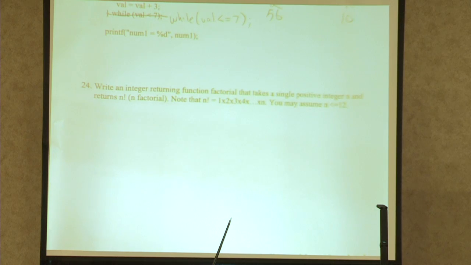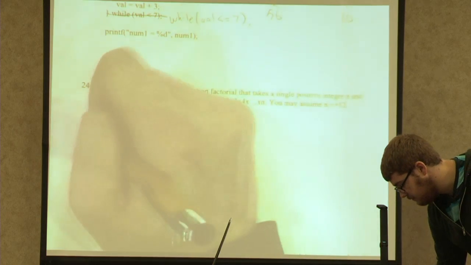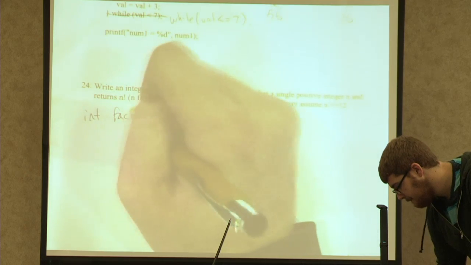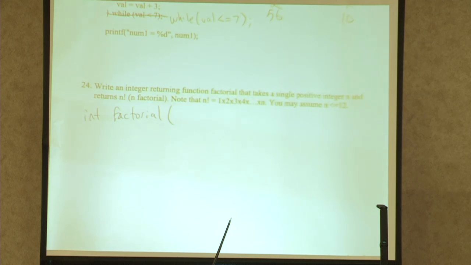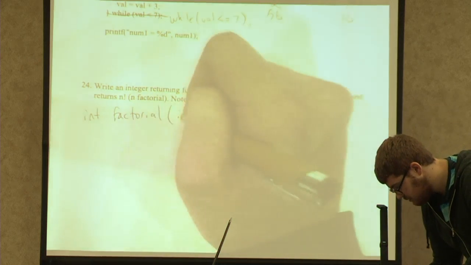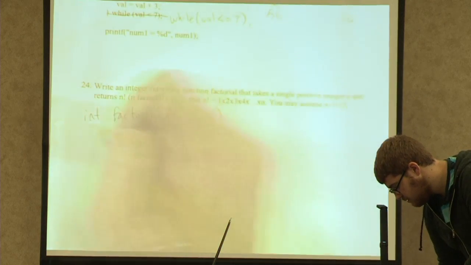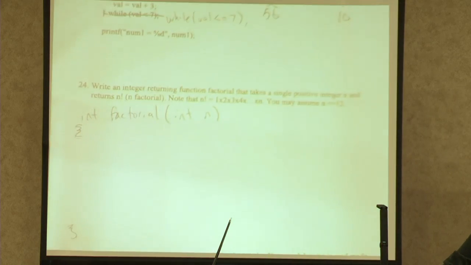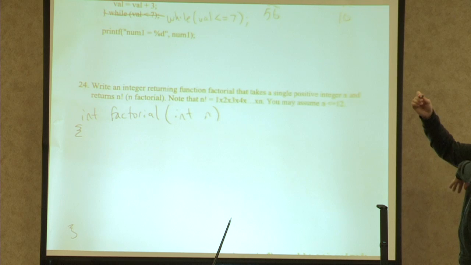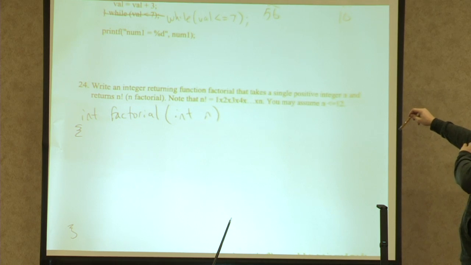And then the function is factorial, so we're just going to name it factorial. And then is there any parameters? Yes. And n is int n. Yep. And then that is the function header, right? If you had your functions at the end of the program before the main, is there anything else you would have to add?